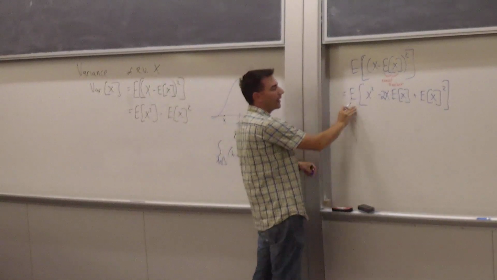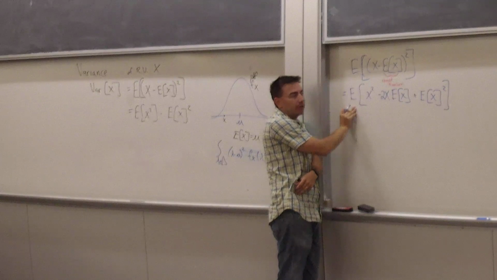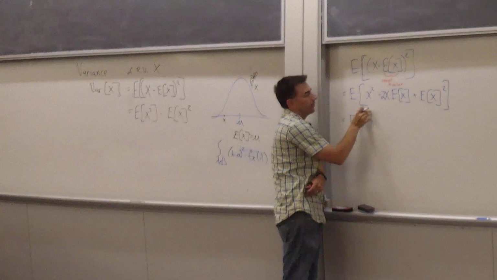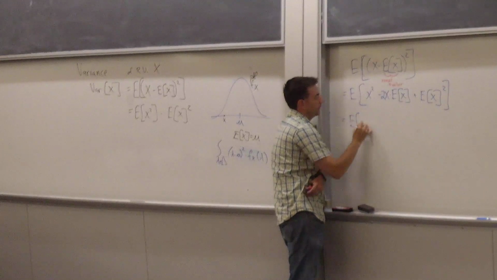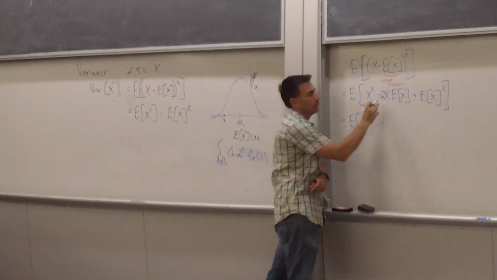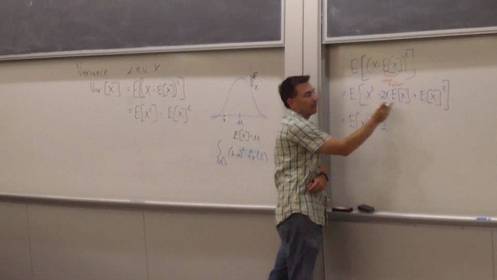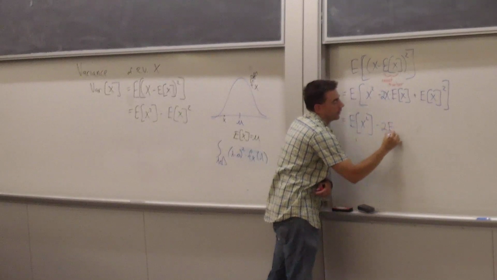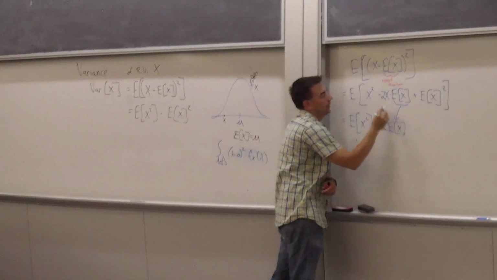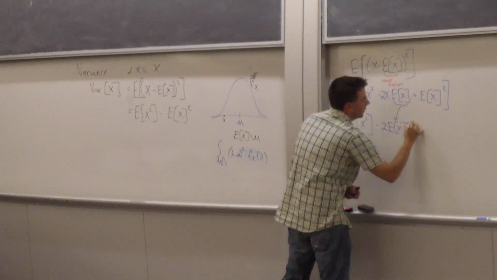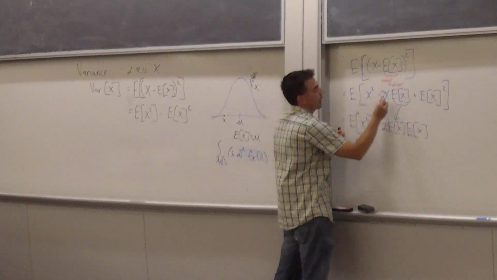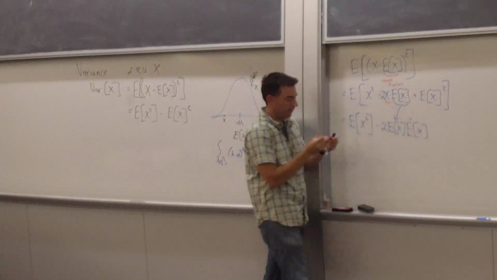Now I can use linearity of expectation and break this down into the three terms. The first one is the expectation of x squared. Now I'm going to subtract 2. This is a scalar and this is also a scalar, so I can factor these out, and what is left is the expectation of x.